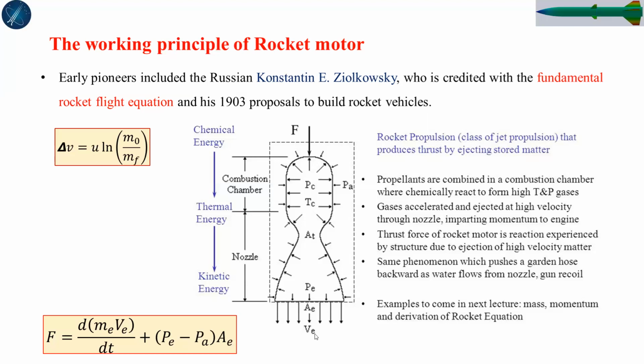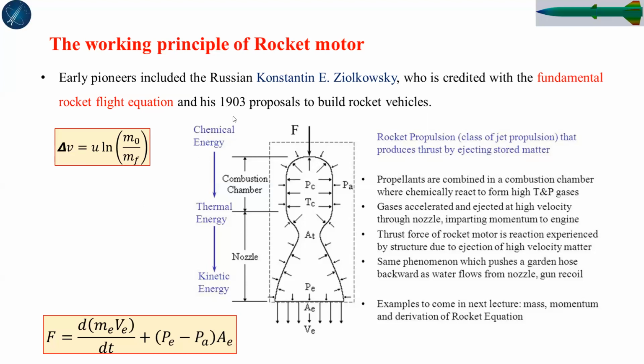And M naught is the initial mass of the rocket, and the final mass is the mass of the rocket after some propellant is consumed. So this is the relation by which we can get some change in velocity from time to time. Whenever some amount of propellant is consumed, the change in velocity will take place.